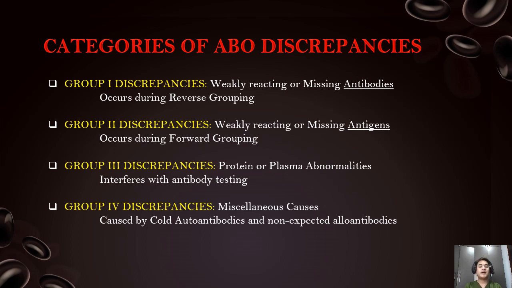Remember that aside from your serum samples, plasma also contains antibodies, which means that this group also occurs during antibody detection. So lastly, your group 4 discrepancies, which result in unexpected reactions, particularly on the serum grouping, due to the presence of cold autoantibodies and non-expected alloantibodies.